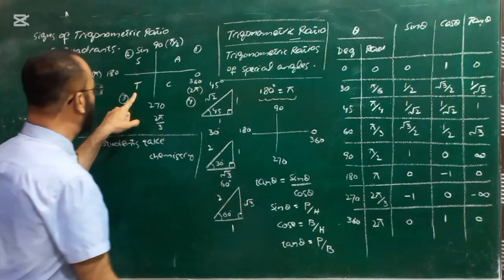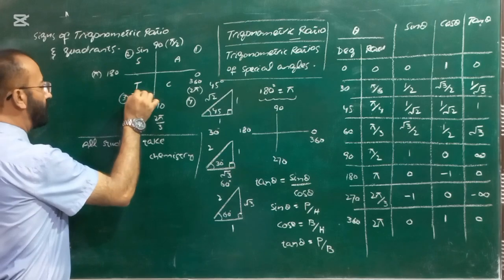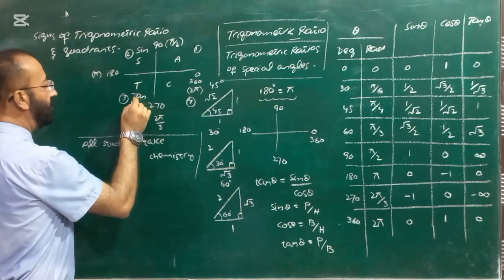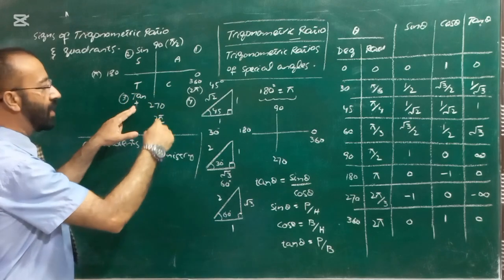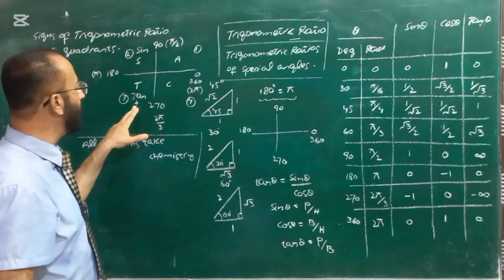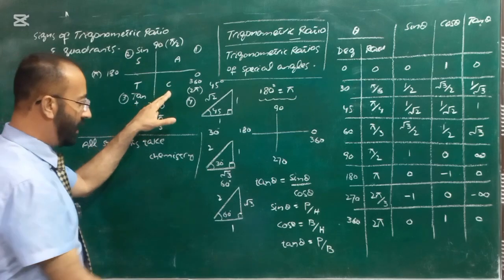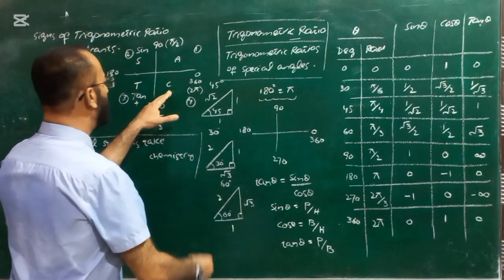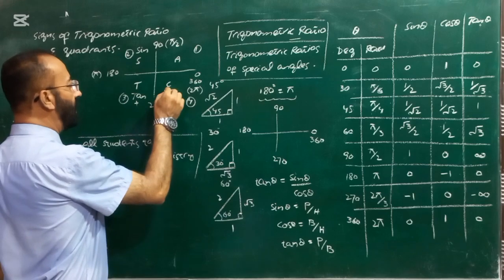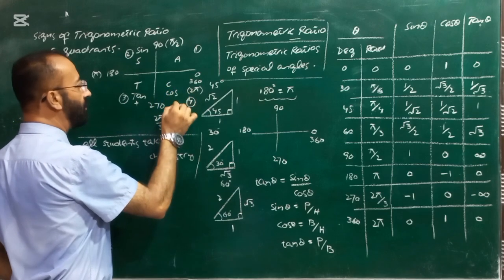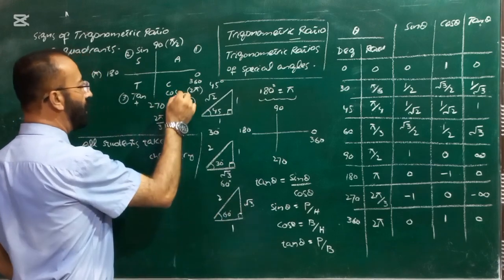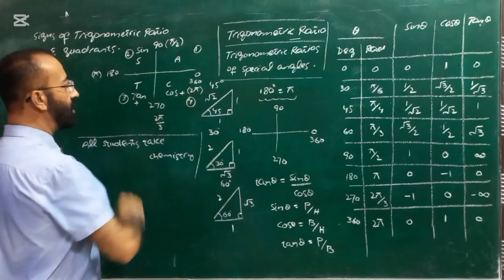T stands for tan. So tan will be positive in this quadrant. The rest of the trigonometrical ratios will be negative in this quadrant. And C stands for cos. So cos will be positive in this quadrant. The rest of the trigonometrical ratios will be negative in this quadrant.